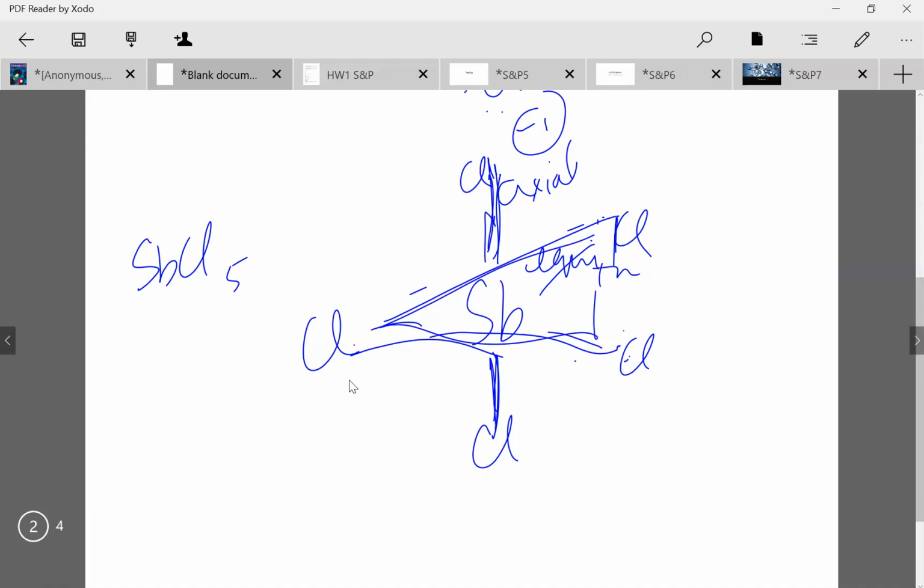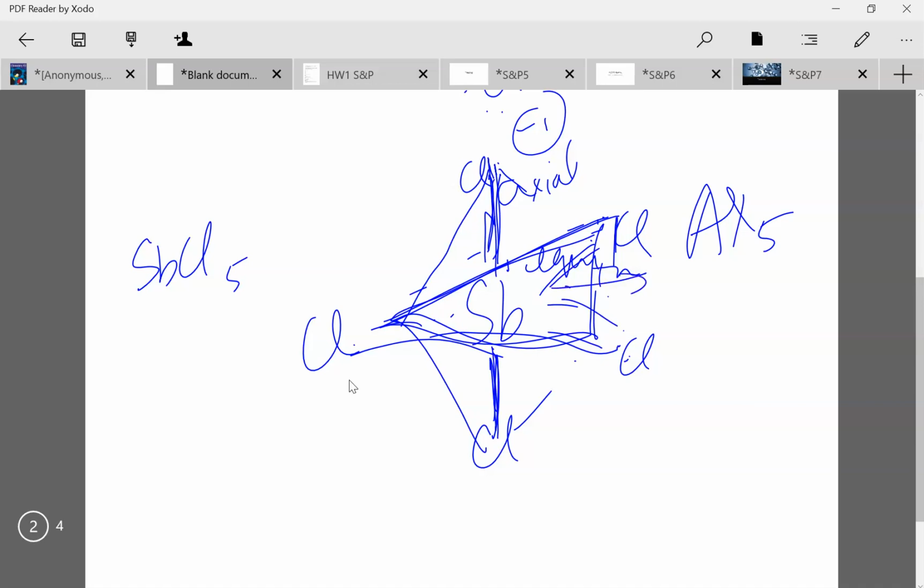And therefore this will be trigonal because it's a triangle, bipyramidal because you have a pyramid on top and you have a pyramid on bottom. So that's a trigonal bipyramidal structure for an AX5 molecule. This will again be, you might guess, non-polar because all these things cancel out basically. Up cancels down, this cancels this.